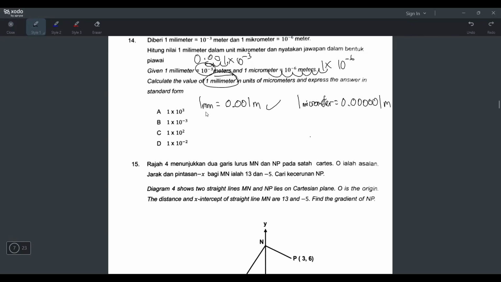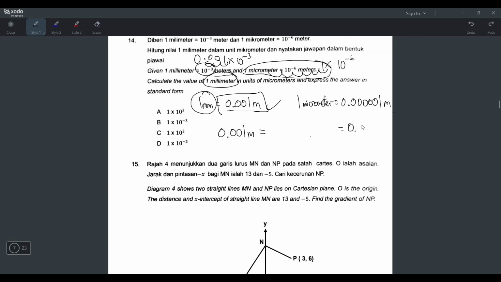Okay, so millimeter, how to convert to micrometer? I think first you have to convert to meter first, because I know 1 millimeter is 0.001 meter. And to convert to micrometer, you apply this. Let me think. 1 micrometer is 0.000001 meter.